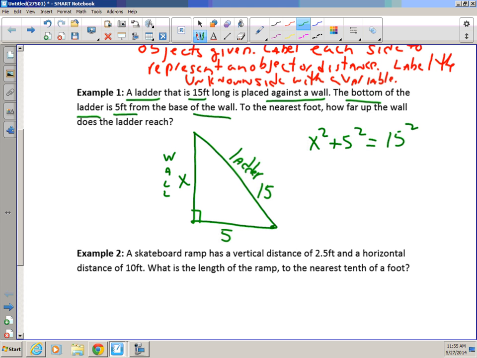X squared, and look, you can use x, you can use a, you can use b, it doesn't matter what you use. Plus 5 squared equals 15 squared, so x squared plus 25 equals 225. X squared equals 200. I take the square root, it says to the nearest foot, 14 feet.